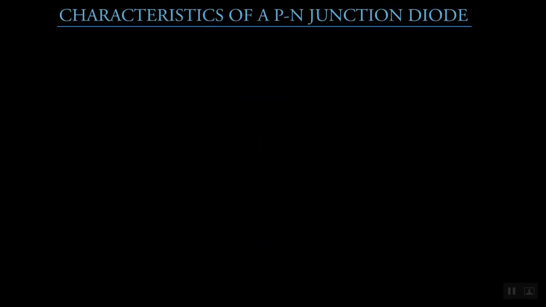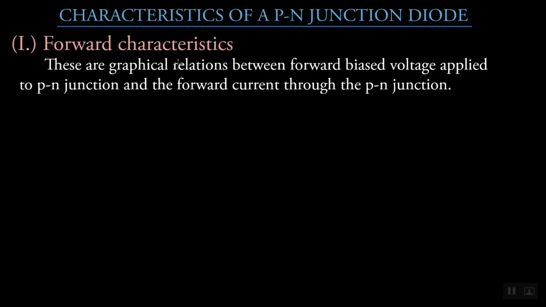Characteristics of a PN junction diode. The forward characteristics, what are these? These are graphical relations between the forward bias voltage applied to the PN junction and the forward current through the PN junction. So what will happen if we forward bias a PN junction and vary the biasing voltage?